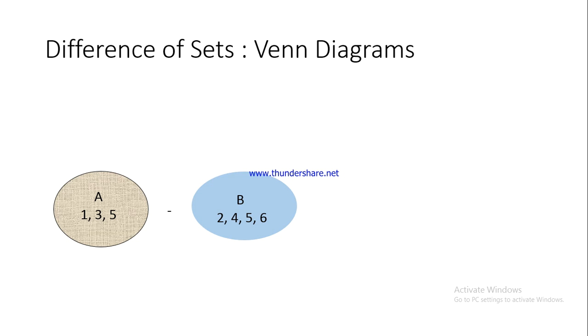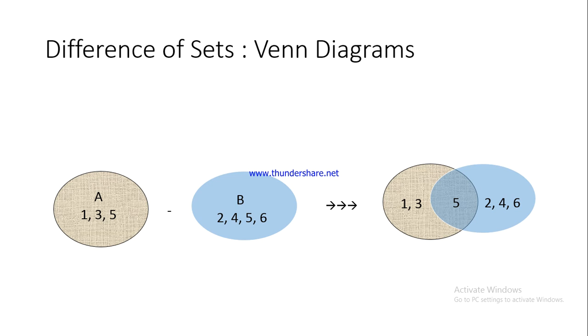Now how do we represent it diagrammatically? So A minus B we have written. Okay, and we are showing, have a look at the picture at the right extreme. Now we are showing the elements 1, 3, 5 are the elements basically in A, out of which 5 is overlapping with 5 of set B. Likewise set B has got 2, 4, 6 and 5.